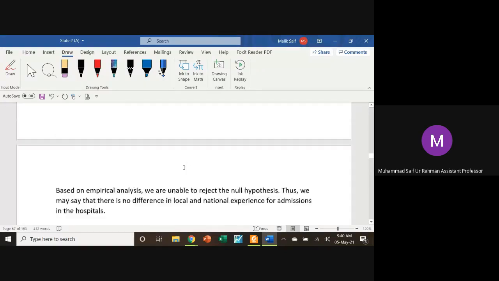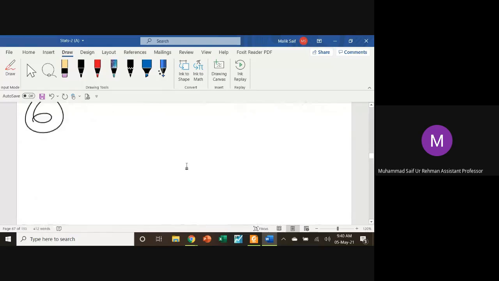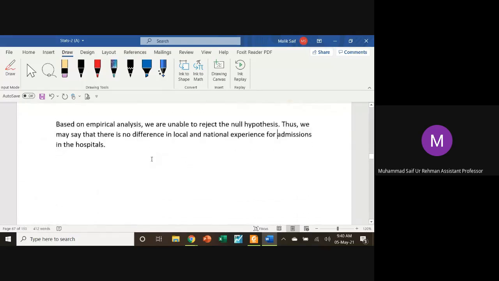This was the statement in the null hypothesis, and you will repeat it over here in the interpretation.